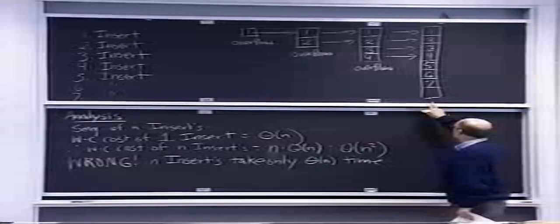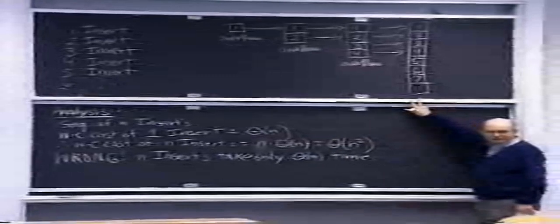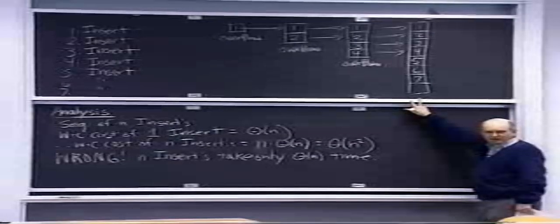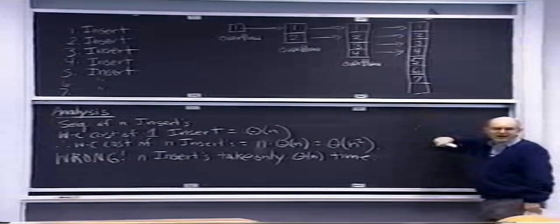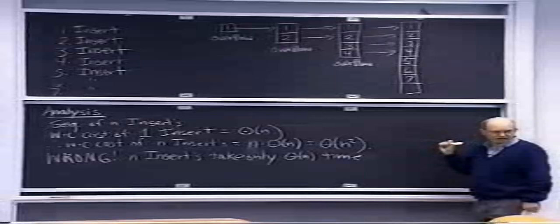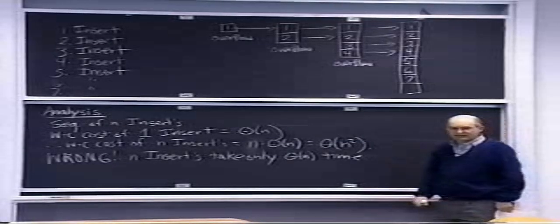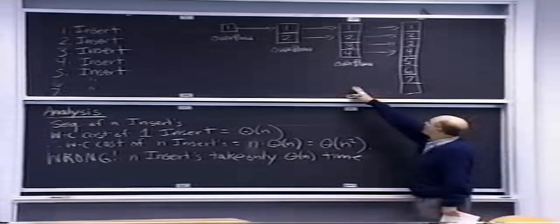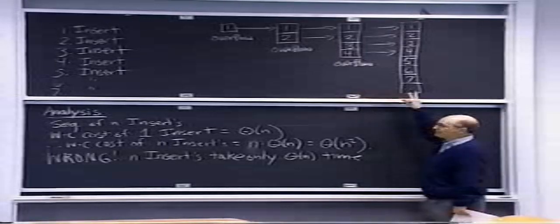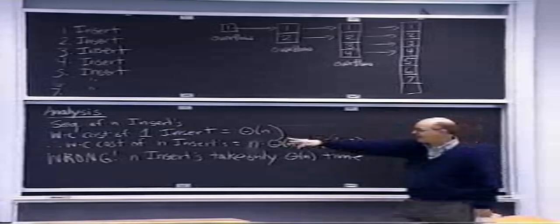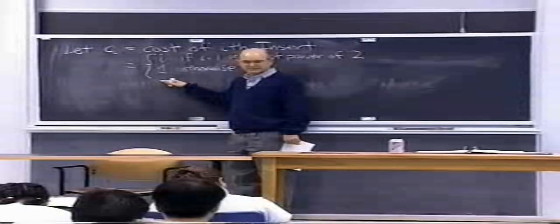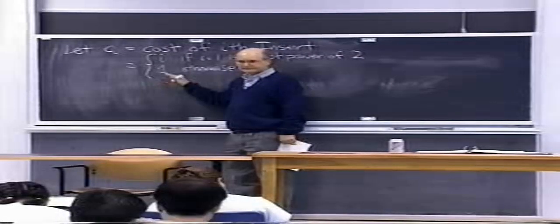I'm going to double again here at 9. It's always a power of 2 plus 1. Therefore, if i minus 1 is an exact power of 2, that's when I do a certain amount of work, and the work is proportional to the total elements in the table at that time, that's i. So I can claim this is the actual cost of doing these operations. People follow that? Okay.